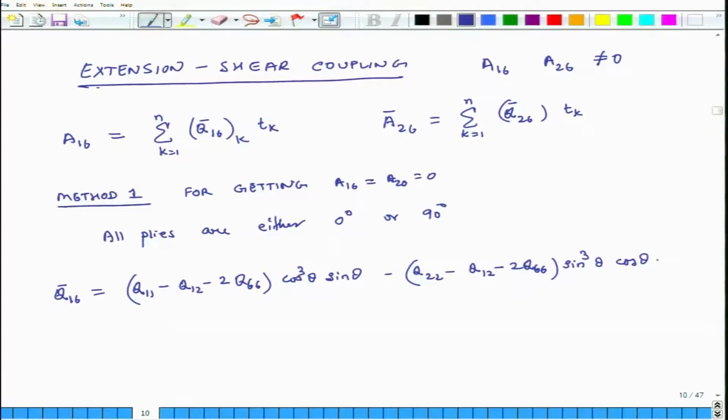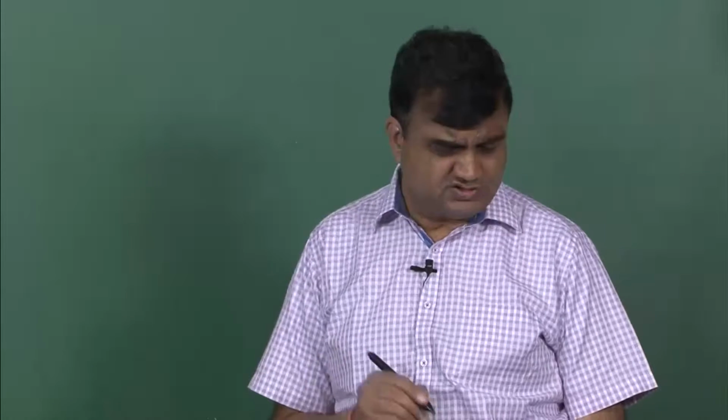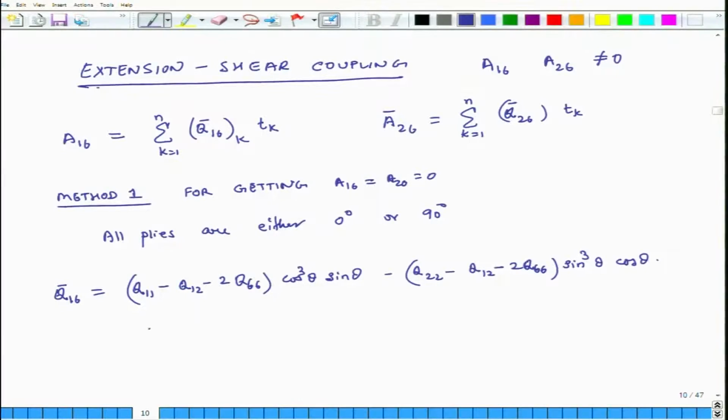So, if all the layers in the laminate are either 0 degrees or 90 degrees, then A16 and A26 will be exactly 0. So, that is one. Such laminates are known as cross ply laminates. They may or may not have B to be 0, but they are cross ply laminates.